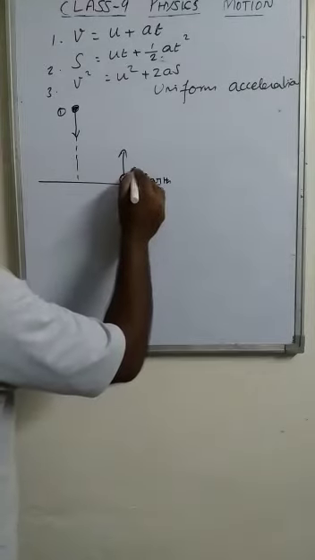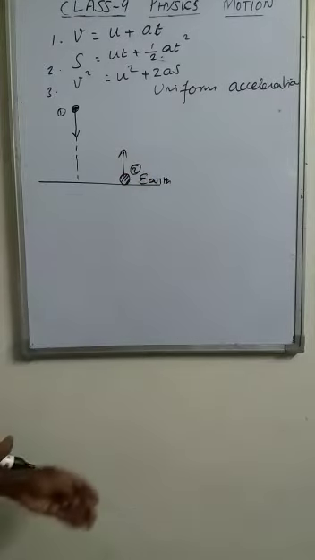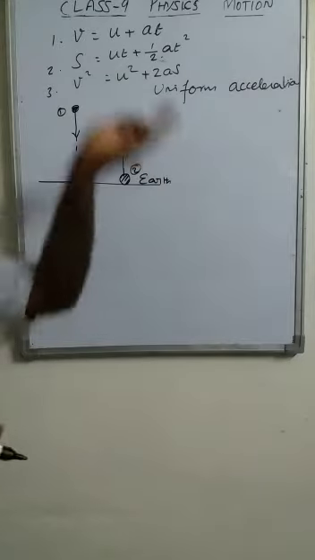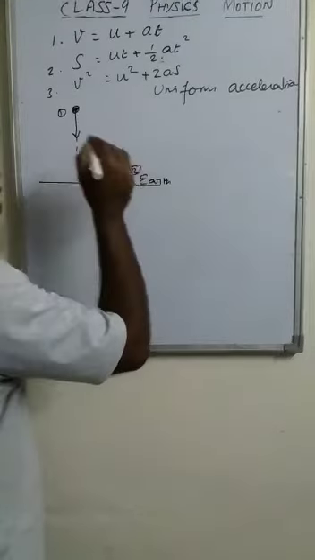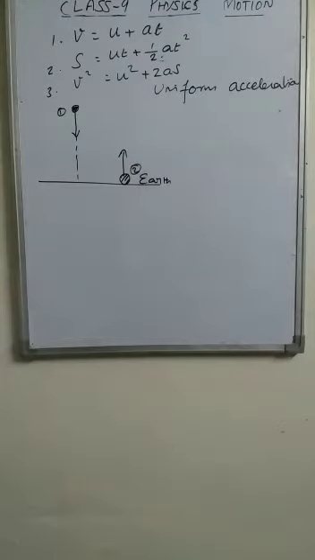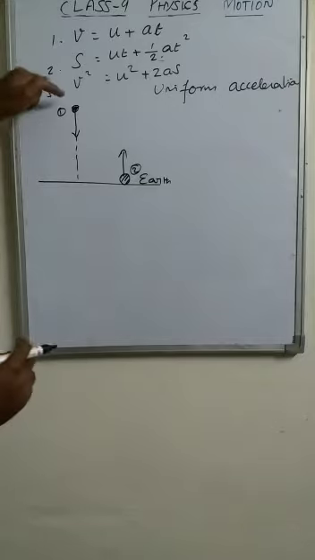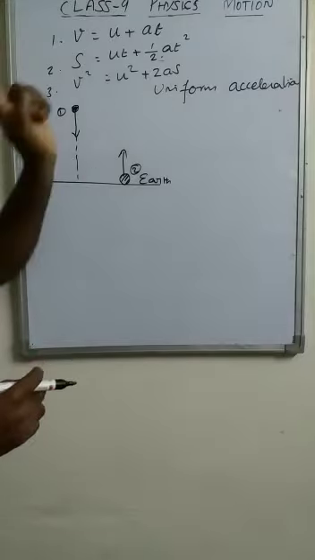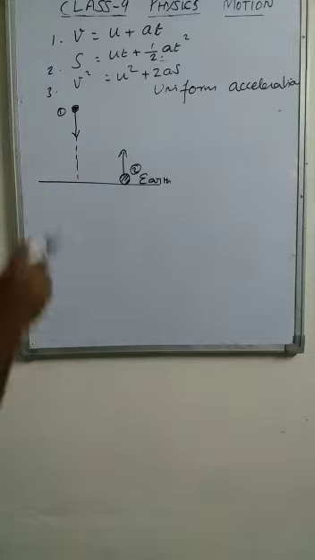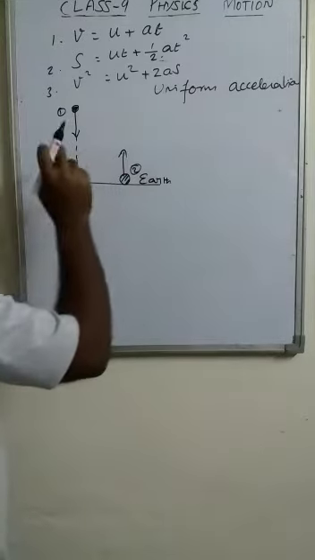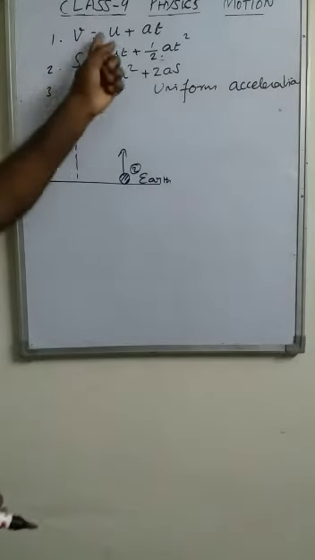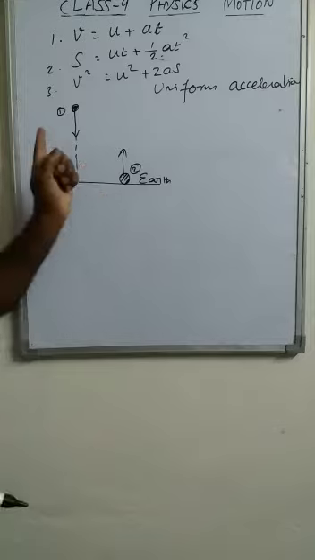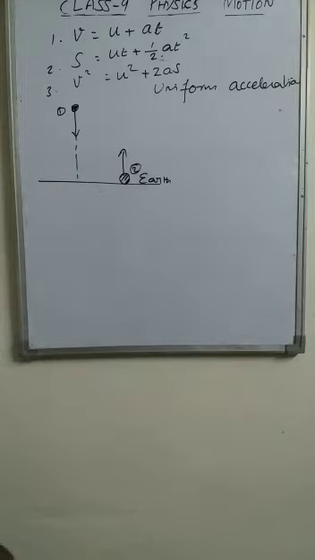The second one: if an object is thrown vertically upward, then also it is in uniformly accelerated motion. But the difference is, one is vertically downward, another is vertically upward. For these motions also the three equations of motion can be applied.